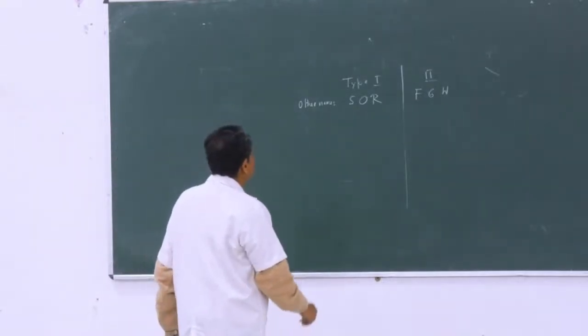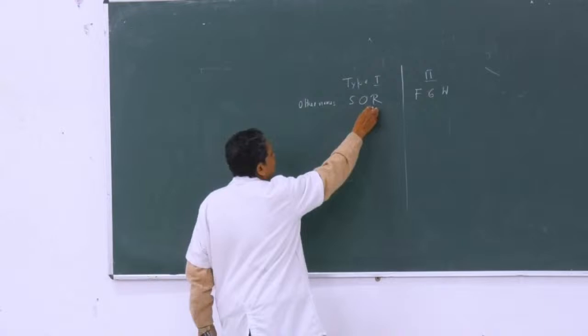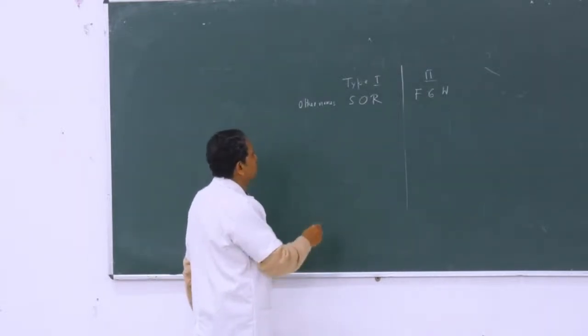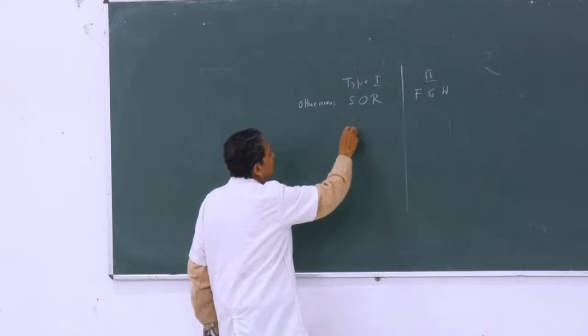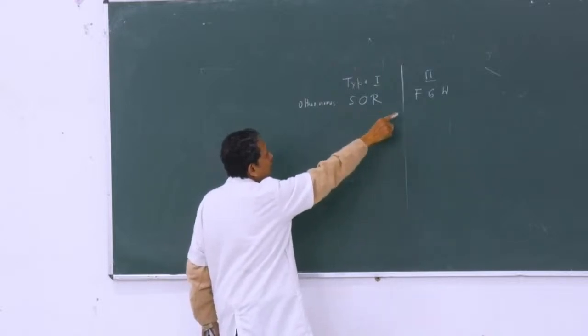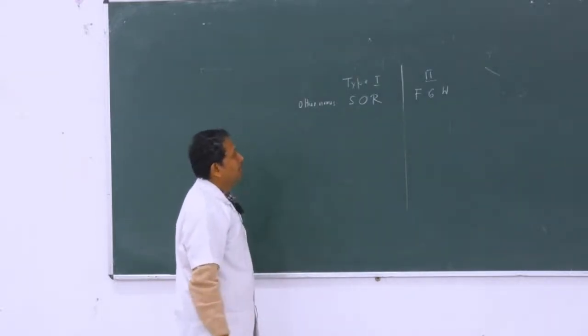Now, there are other names: slow oxidative red, fast glycolytic white.